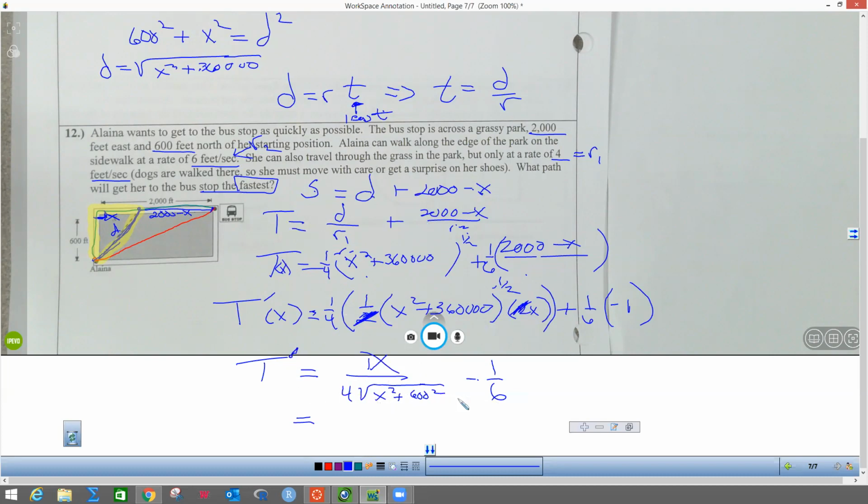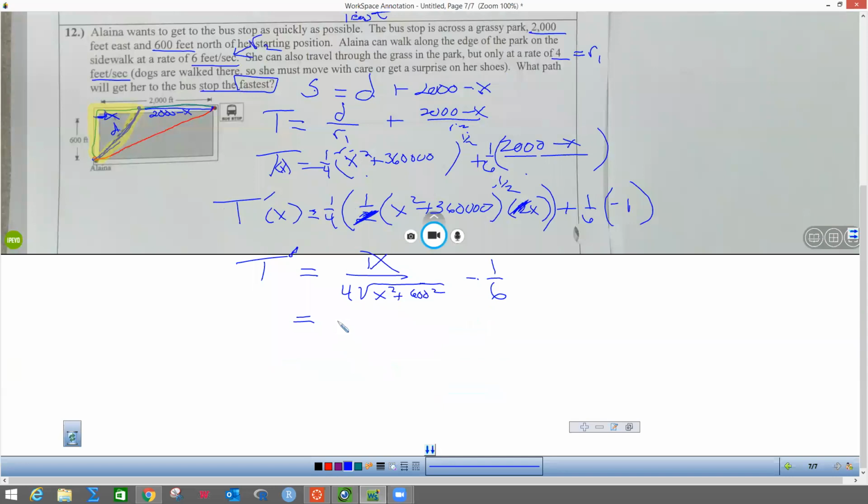So I would get a common denominator here. 12 is the common denominator between these. So I'd multiply by 3/3 and get this. And then over here, I need to multiply by 2 to get a 12.